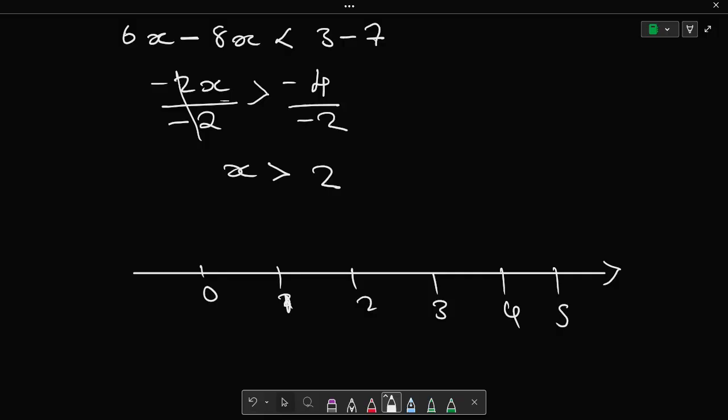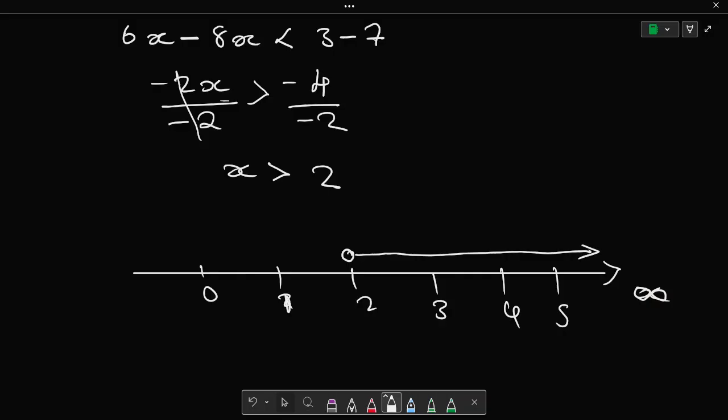Let's put an infinity here. We are saying that x is greater than 2. 2 is here. So if we say x is greater than 2, we will be going this side.